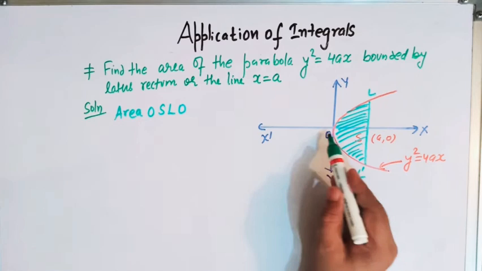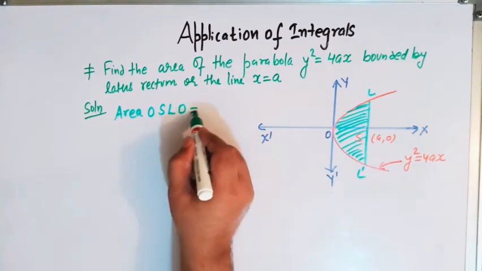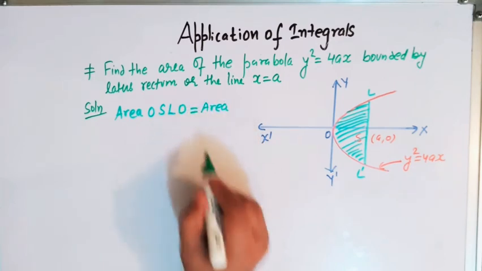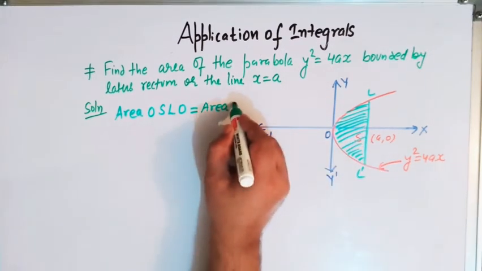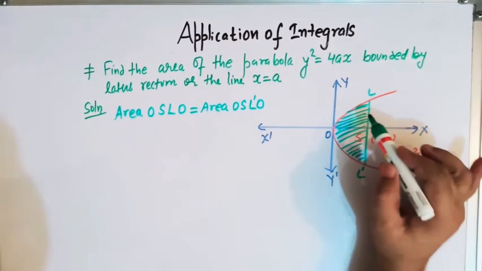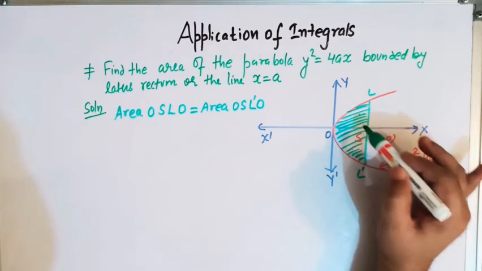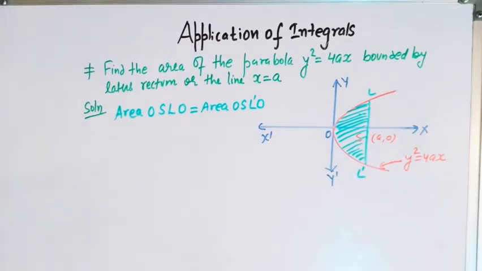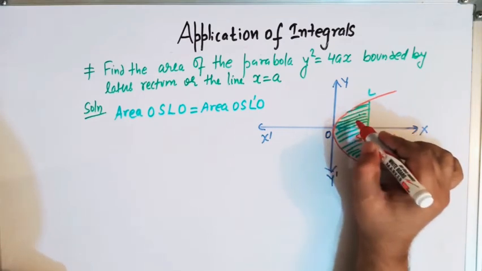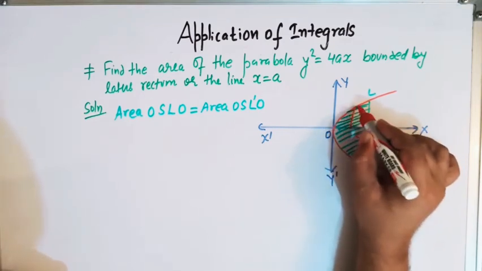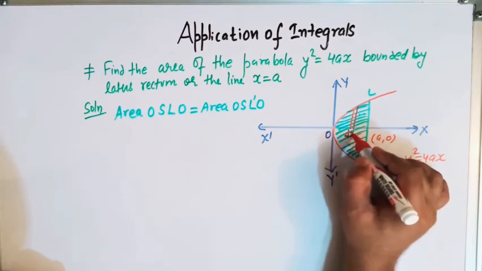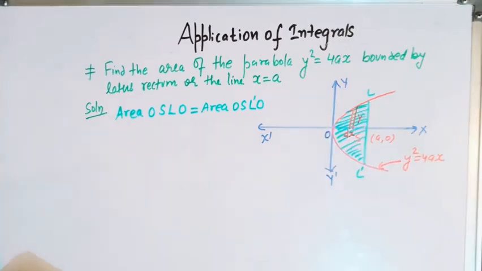So this area OSLO is actually equal to the area OSL prime O, right? Because of symmetry, these two areas are equal. Now what we will do, we will find this area and we'll multiply it by 2. So here let us draw the strip, the elementary strip. Here we have dx and here we have y.